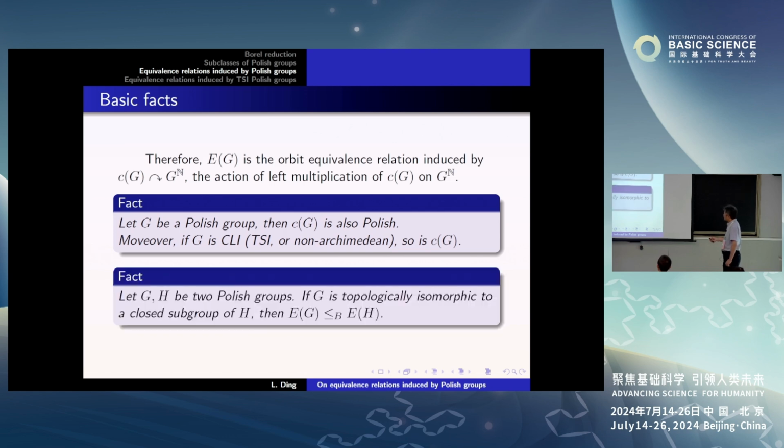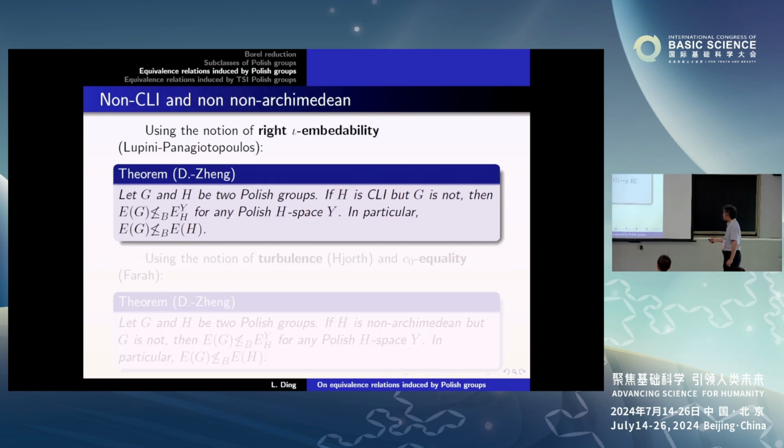Using this fact, we can put CH here. Then we get that EG is not reducible to EH. So if H is CLI and G is not CLI, EG cannot be reduced to EH. So Borel reduction can tell me which group is CLI and which is not.